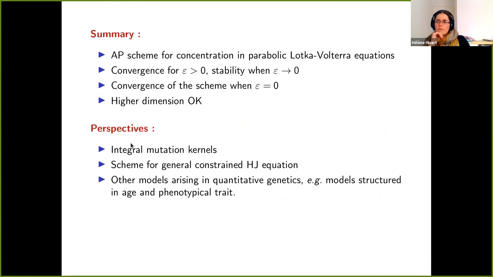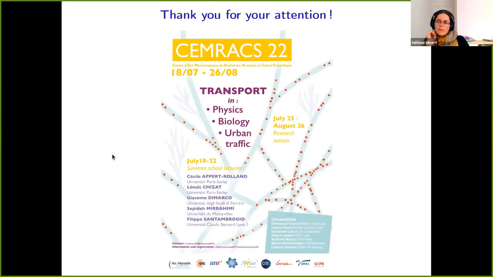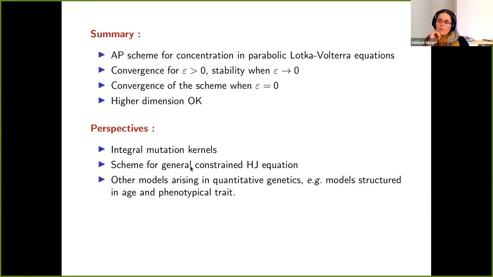The perspectives of this work are dealing with more general mutation kernels and integro-differential equations, so with integral mutation kernels. This is a work in progress with Benoît Godel, who is a postdoc in our team, and it also raises the question of the scheme for general constrained Hamilton-Jacobi equations, which is also a work in progress.